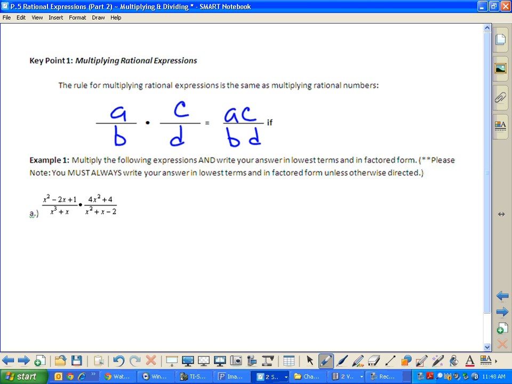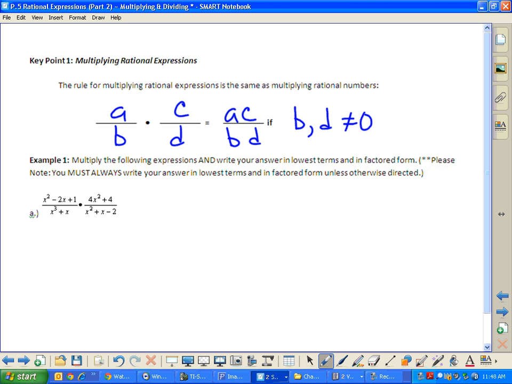Keep in mind this is only going to be possible if b and d are not equal to 0. So in the end, yeah, you can multiply straight across. But we're going to cross-cancel common factors first. Make that multiplication easier at the very end.